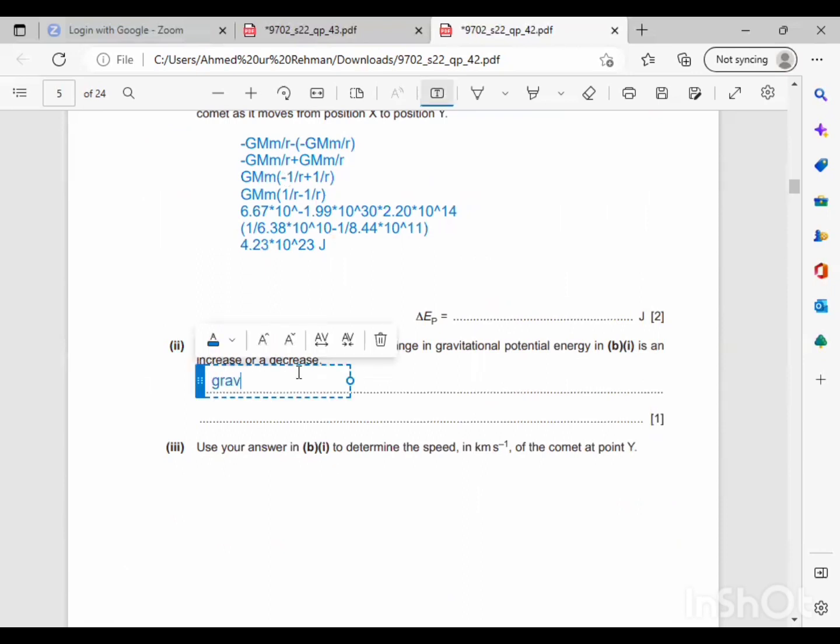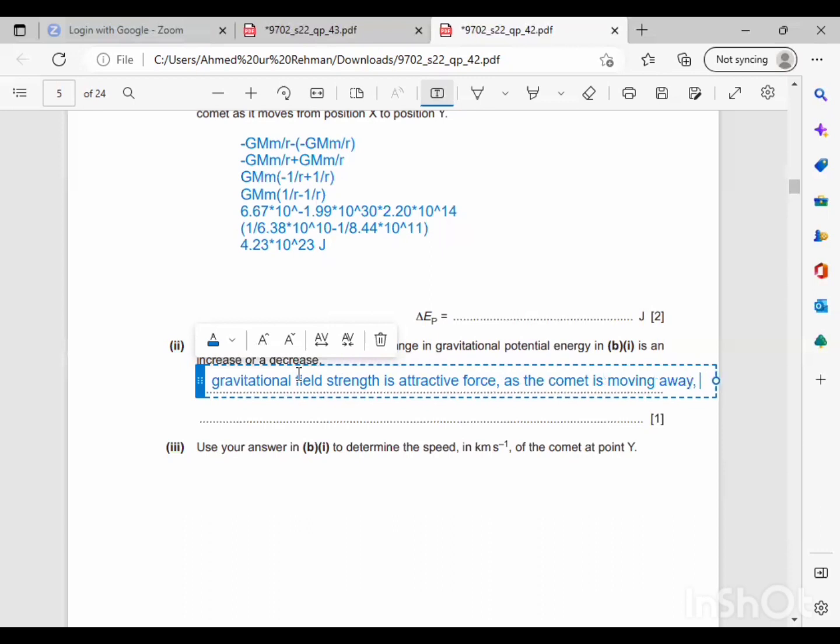So gravitational field strength is attractive force, as the comet is moving away, doing work against it, and GPE, which is your gravitational potential energy, is converting to KE.